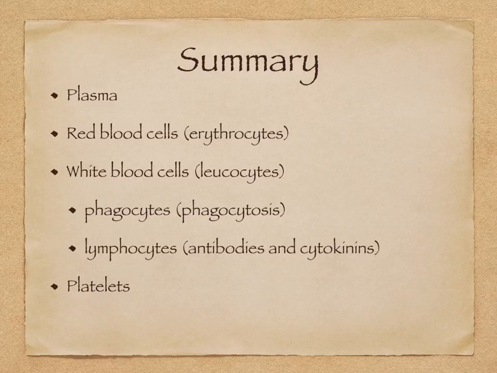We looked at white blood cells and how they are classified into phagocytes and lymphocytes, and how to differentiate them from each other. So remember that phagocytes are involved in phagocytosis, and lymphocytes are involved in secreting antibodies and cytokinins. And then finally, we looked at platelets and how they are involved in blood clotting.